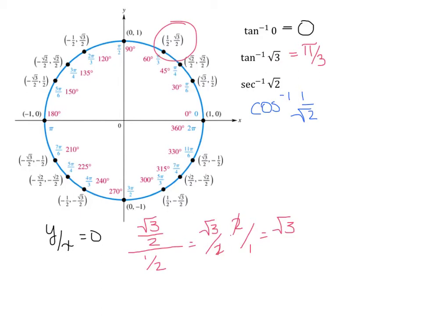Well, I do know that we don't allow to have square root of 2 in the denominator, so I could multiply by square root of 2 over square root of 2, and that would give me square root of 2 over 2. Well, I can certainly find an inverse cosine of square root of 2 over 2. I remember that cosine needs to be located here. So my cosine of square root of 2 over 2 is right there at pi over 4.